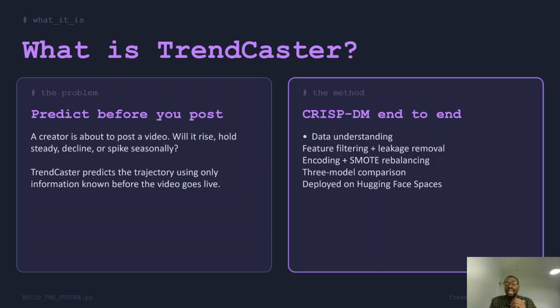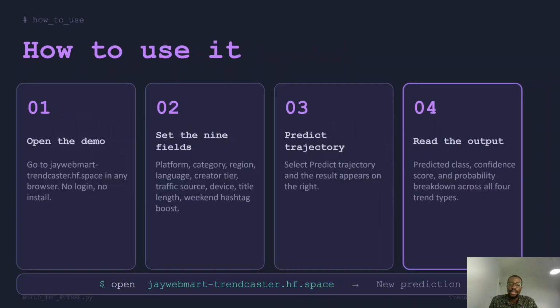The methodology we used for the model is CRISP-DM, the Cross-Industry Standard Process for Data Mining. It starts with business understanding, then data understanding, data preparation, modeling, evaluation, and deployment.